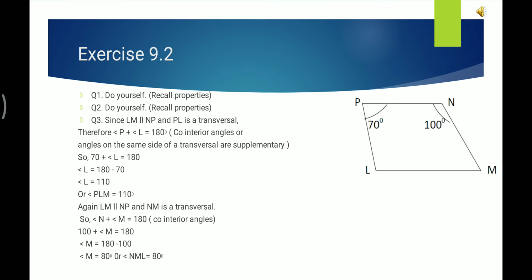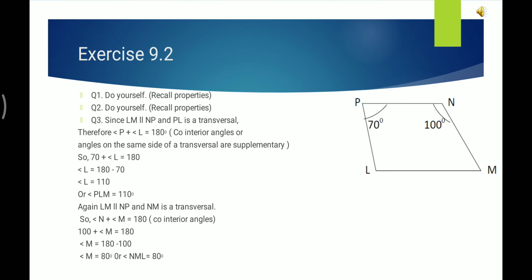Since it is given that LM is parallel to NP, if we hide line segment NM, we will see that LM is parallel to NP and a transversal PL cuts them.